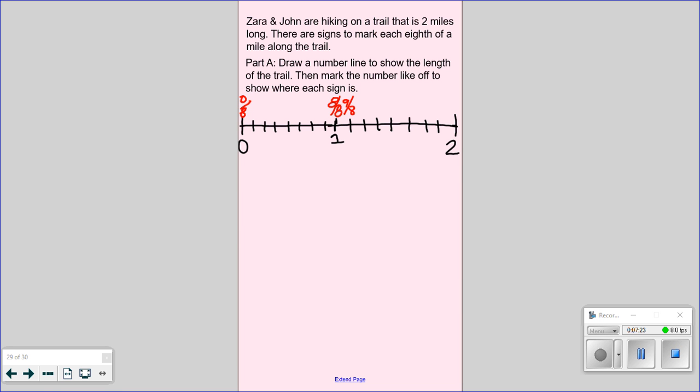We keep going from 9/8. We get 10/8, 11/8, 12/8, and we keep going. The last one is going to be 16/8. I can't put all mine in because my marker gets too fat, but I want to make sure that you label all of yours.